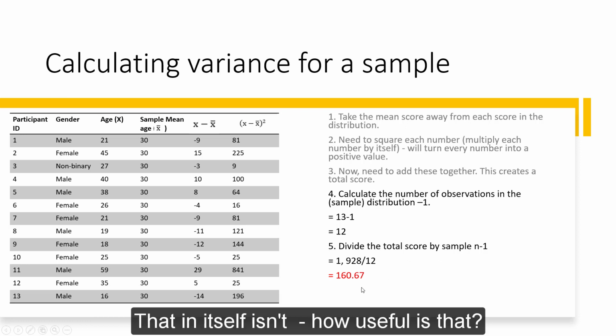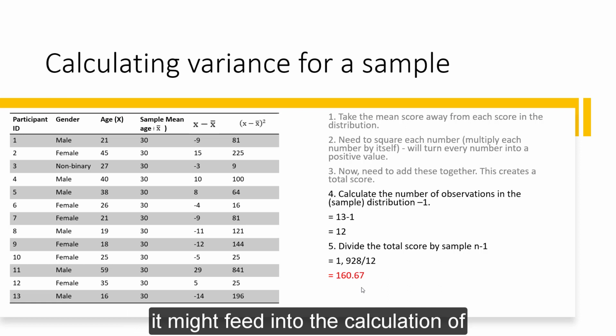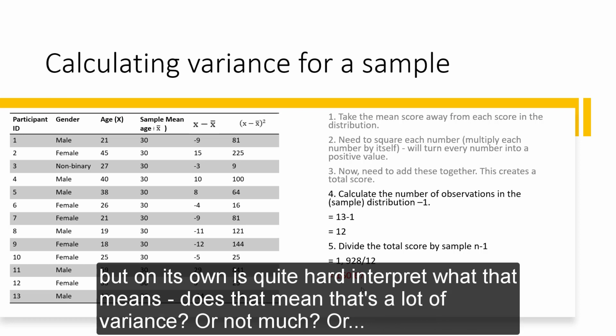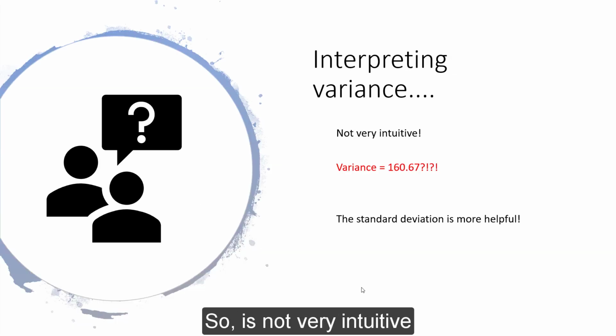That in itself, how useful is that? It might feed into the calculation of inferential statistics, but on its own, it's quite hard to interpret what that means. Does that mean that's a lot of variance, or not much? So it's not very intuitive.